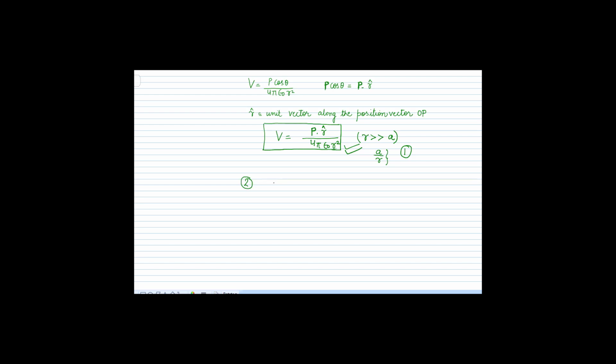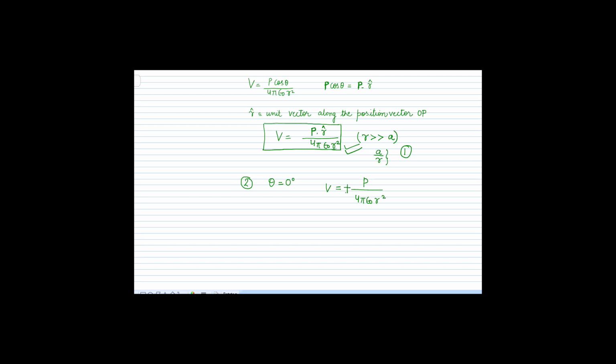The second condition is that if we take the point on the dipole axis, so theta is 0, that means we are calculating at theta equal to 0 degrees. We are calculating the electrostatic potential at a point that is collinear with the center of the dipole. Then we can write V is equal to P upon 4 pi epsilon naught r square.